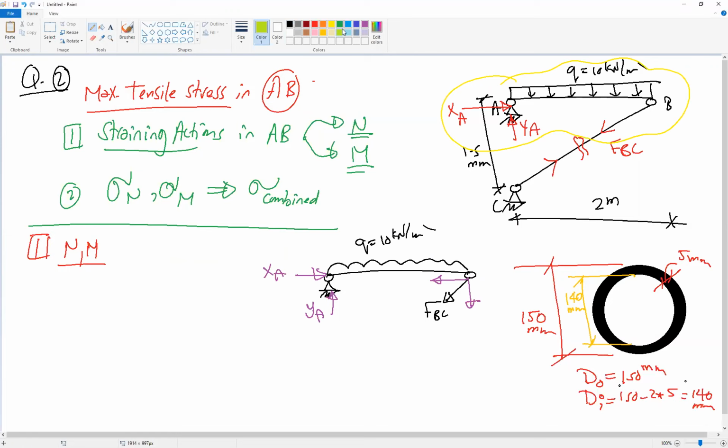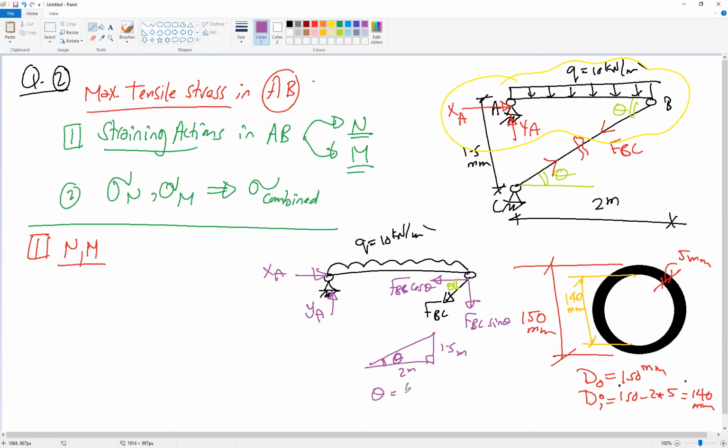To find the components of member ABC, if this is theta, the horizontal component will be FBC cosine theta, and here FBC sine theta. And to find theta, this is the triangle of theta, this 1.5 and this 2 meter.